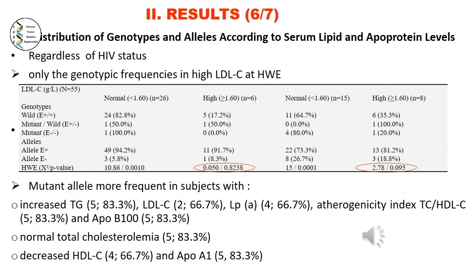The mutant allele was more frequent in subjects with increased triglyceridemia, LDL cholesterolemia, apoproteinemia Lp(a), heterogeneity index total cholesterolemia divided by HDL cholesterolemia, and apoproteinemia B100. It was also more frequent in those with normal total cholesterolemia and in those with decreased HDL cholesterolemia and apoproteinemia A1.